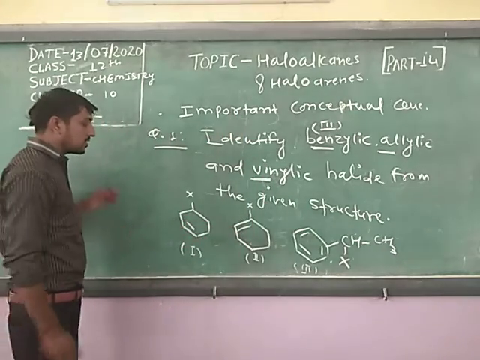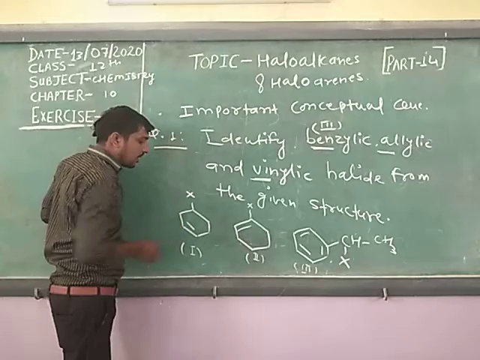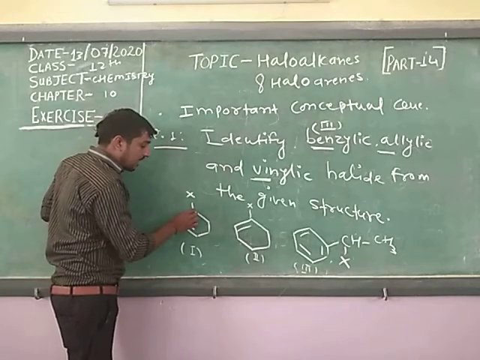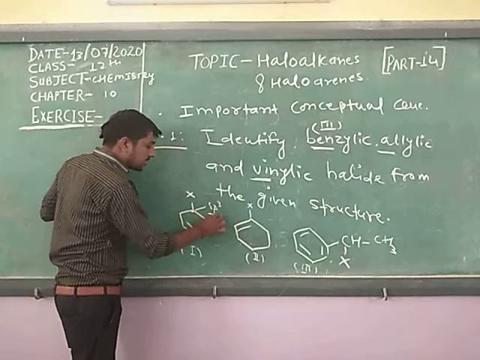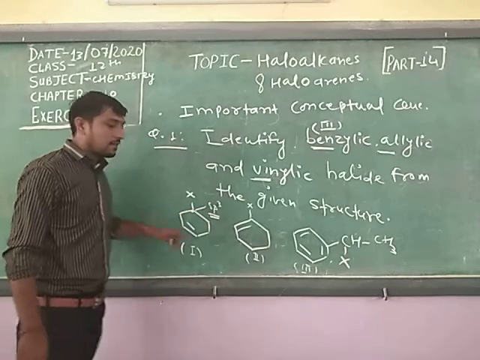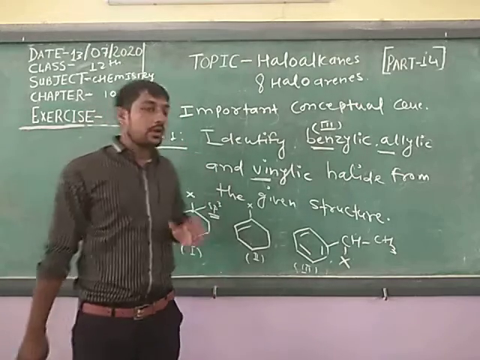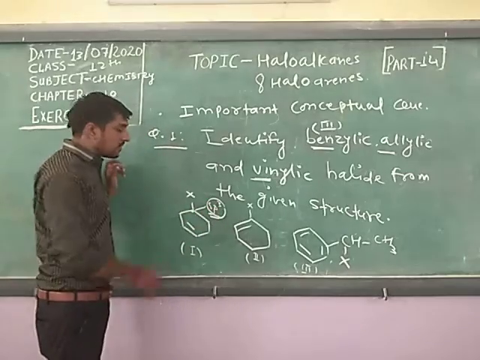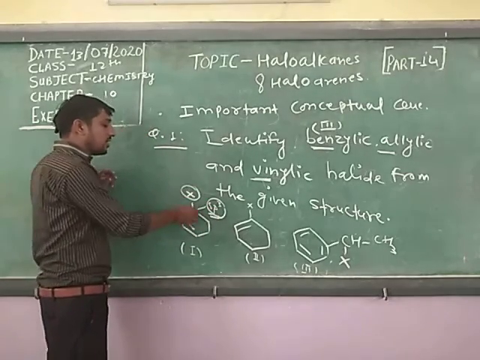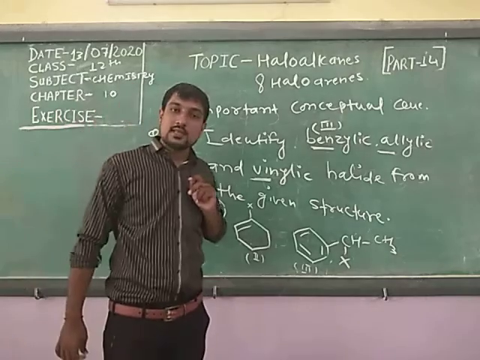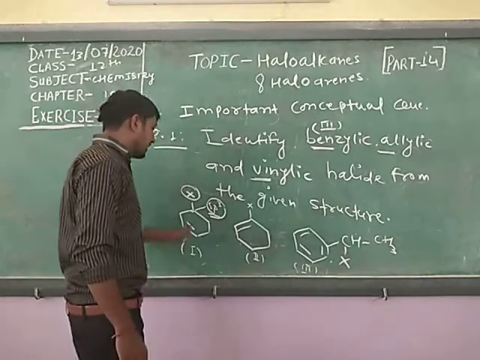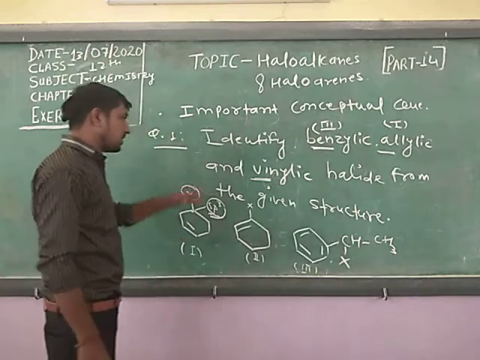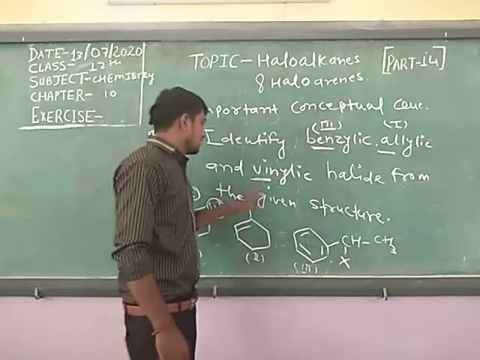In this structure, X means halogen, and this carbon has sp3 hybridization because this carbon does not have any double bond. So this halogen group is joined with the sp3 hybridized carbon. It means the first one is allylic.